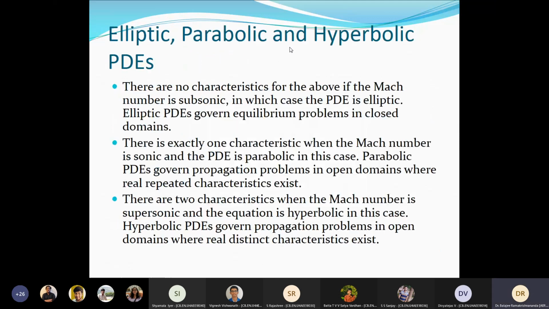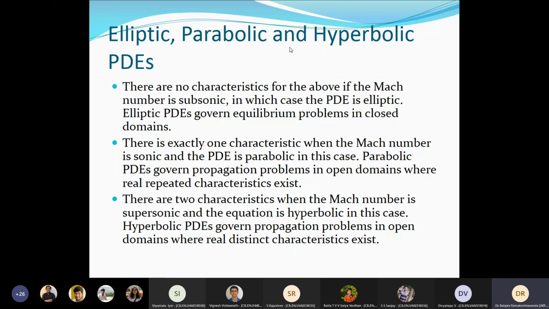If Mach number is subsonic, M is less than 1, in this case the PDE is elliptic. Where do you encounter these elliptic problems? One is in inviscid irrotational compressible flow, where flow is subsonic. That's the first point.